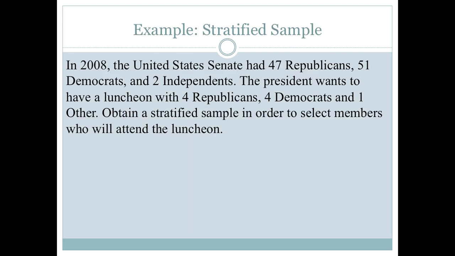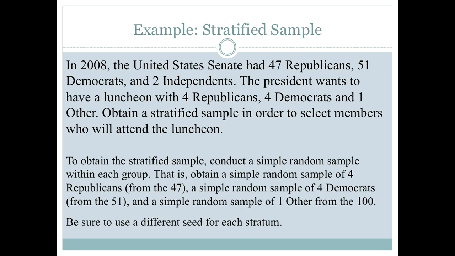In 2008, the US Senate had 47 Republicans, 51 Democrats, 2 independents. The president wants to have a luncheon with 4 Republicans, 4 Democrats, and 1 other person. So we want to obtain a stratified sample in order to select members who will attend the luncheon. So in order to obtain this, we would just basically conduct a simple random sample within each of the groups.